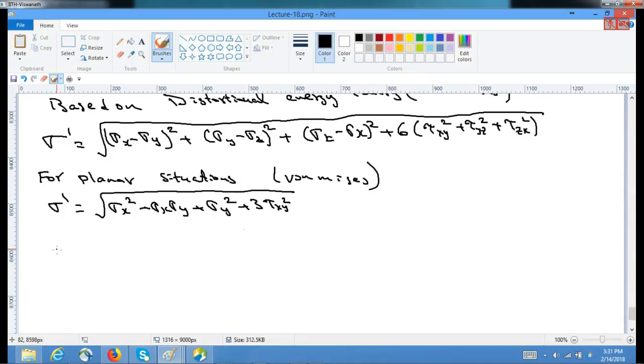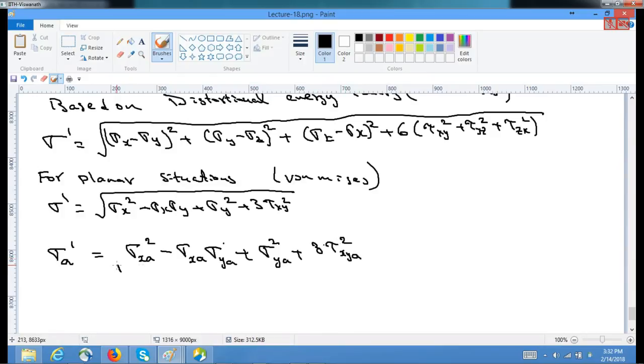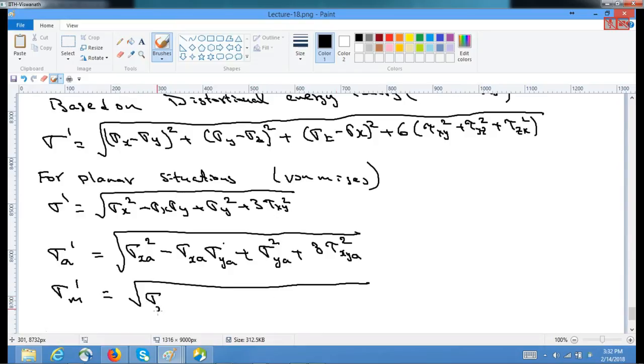So in these cases, we calculate our equivalent sigma amplitude as sigma x amplitude whole square minus sigma x amplitude sigma y amplitude plus sigma y amplitude square plus 3 tau xy amplitude whole square, and the mean equivalent is given by again the von Mises, which is sigma x mean square minus sigma x mean sigma y mean plus sigma y mean whole square plus 3 tau xy mean whole square.